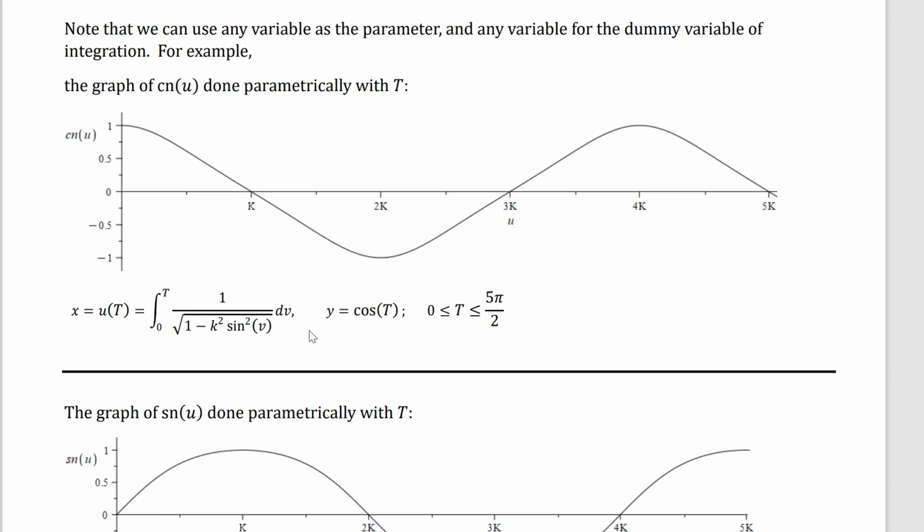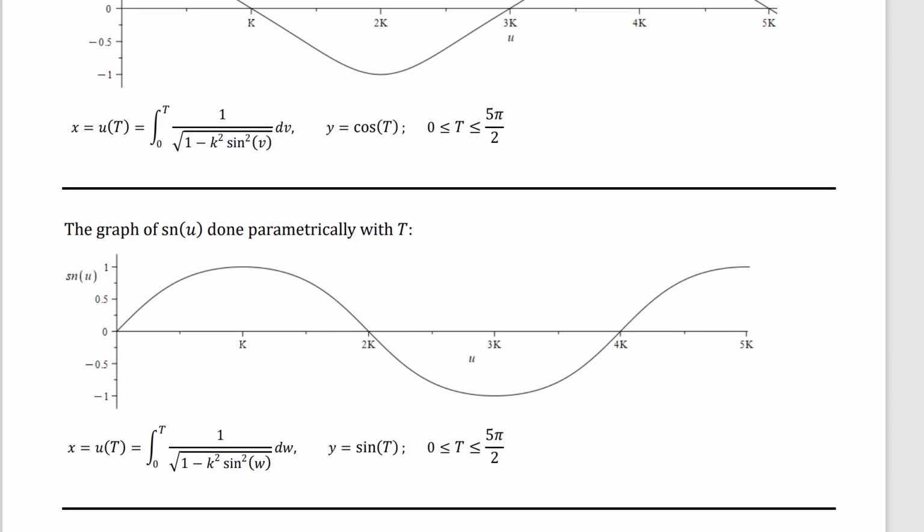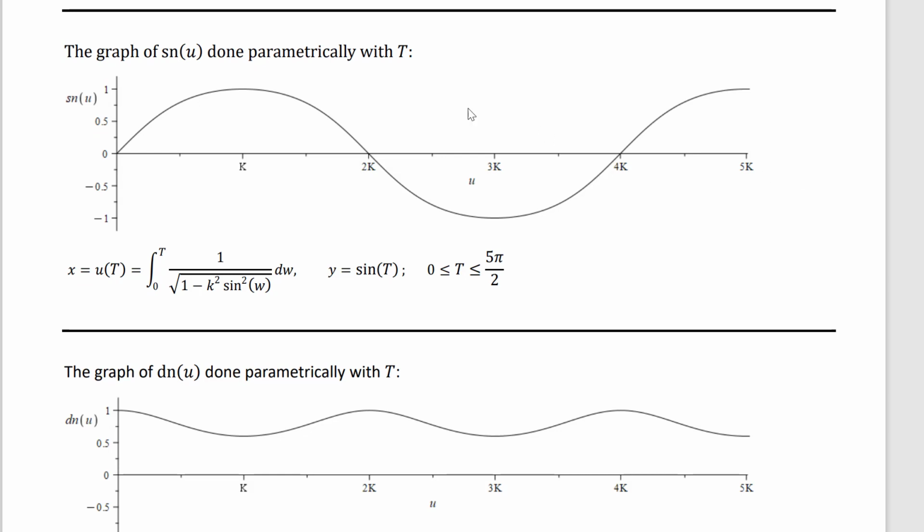So I wrote it as V for cn u or W for sn u. So this is the same thing right here, but just instead of phi for the upper limit and sine of phi, I have capital T. And then for the variable of integration, it could be anything that's not capital T.